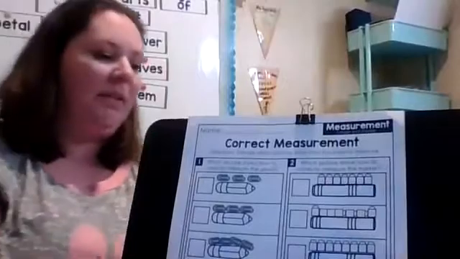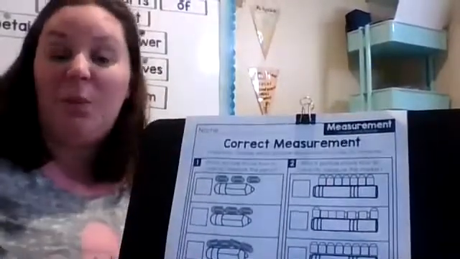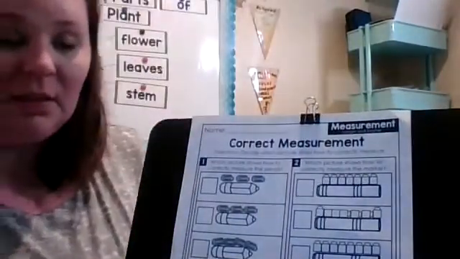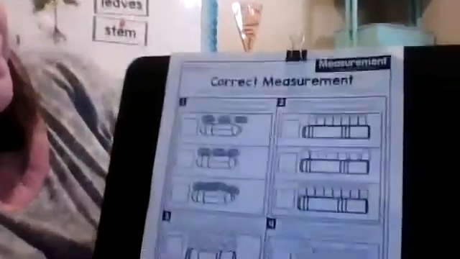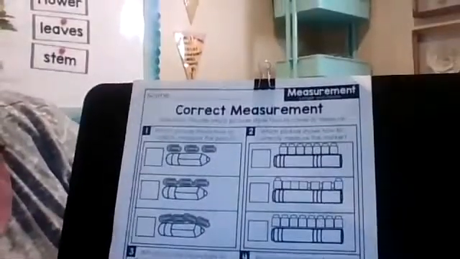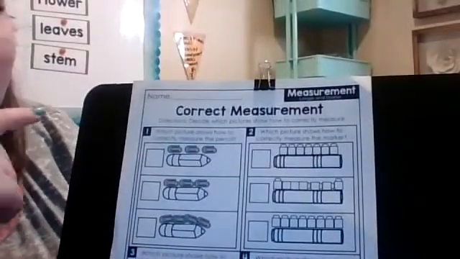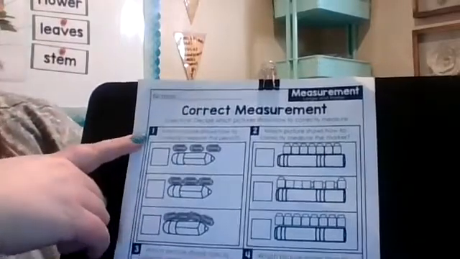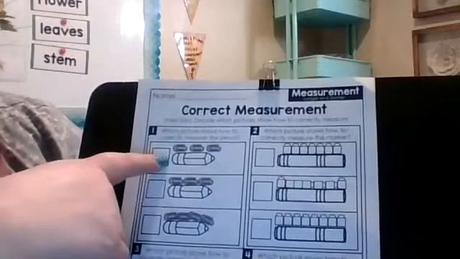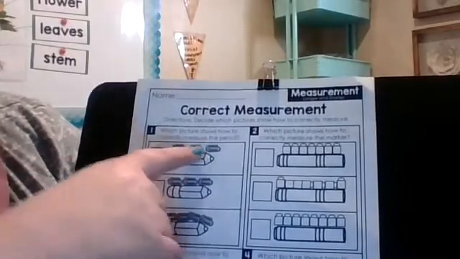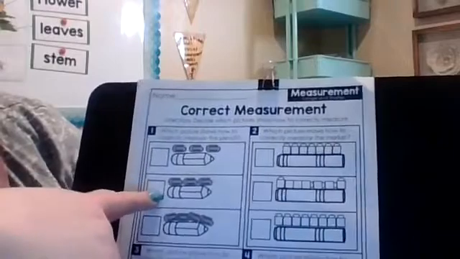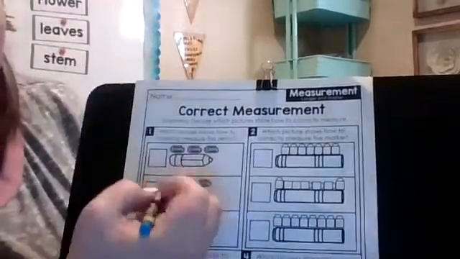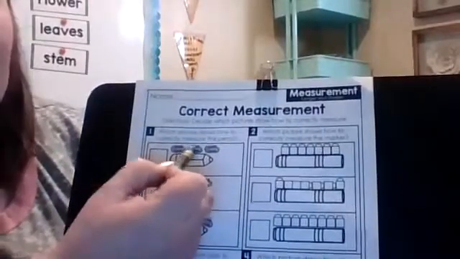Okay, all right, so now you get to be the one to grade the measuring jobs of these other examples. Okay, so decide which pictures show how to correctly measure, which ones follow the rules. Okay, so which picture shows how to correctly measure the pencil? Is it this one, or this one? So all you're gonna do, let's see, I see spaces.